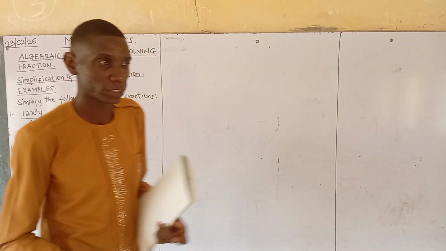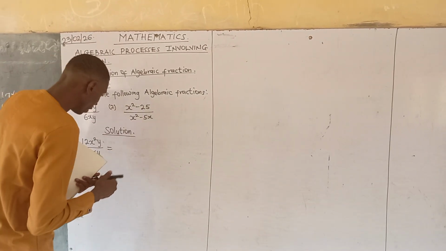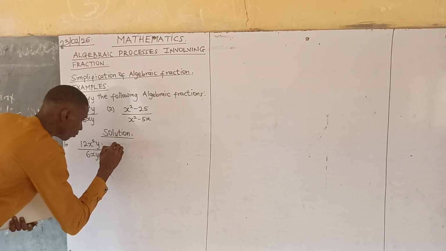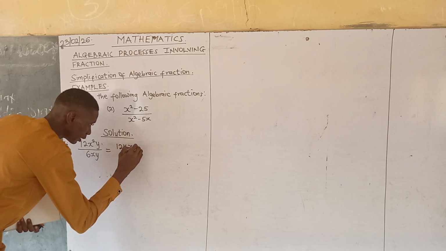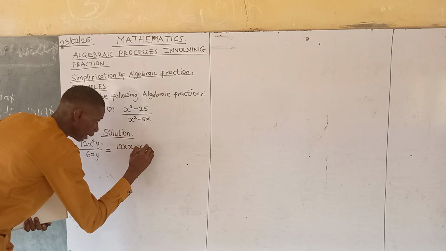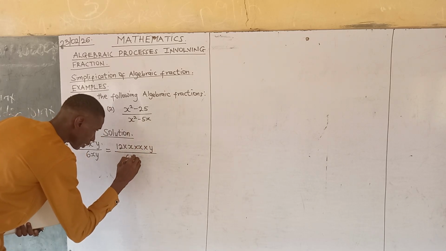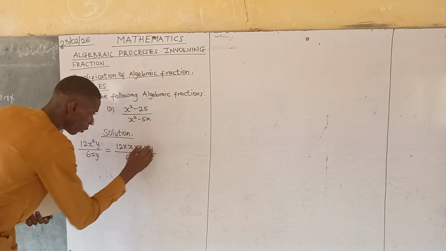So now let's look at this expression. We are having 12x squared y all over 6xy. What will this become? This becomes 12 times x times x times y all over 6 times x times y. So we can see that we are having y in common.